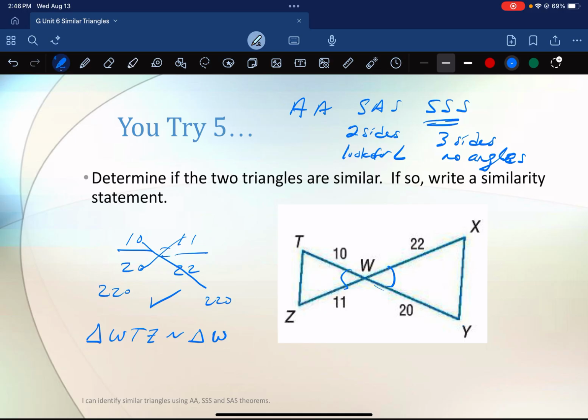But should I go to Y or X? Well, here's how you know. From W to T, I went down the shorter side. So from W, I've got to go down the shorter side to Y, and then X, okay? And this was by side, angle, side similarity, okay?